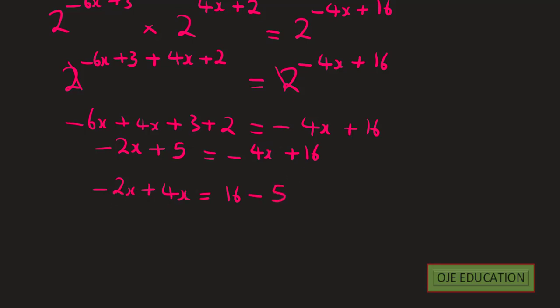Minus 2x plus 4x is 2x equals 16 minus 5 is 11. So divide both sides by 2. So at the end of the day, x equals 5 and 1 over 2. That's my final answer.